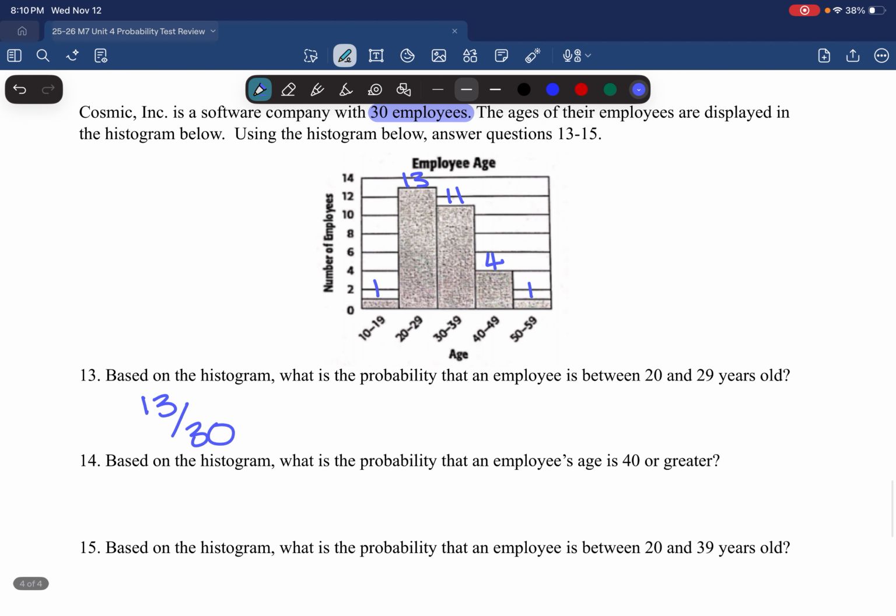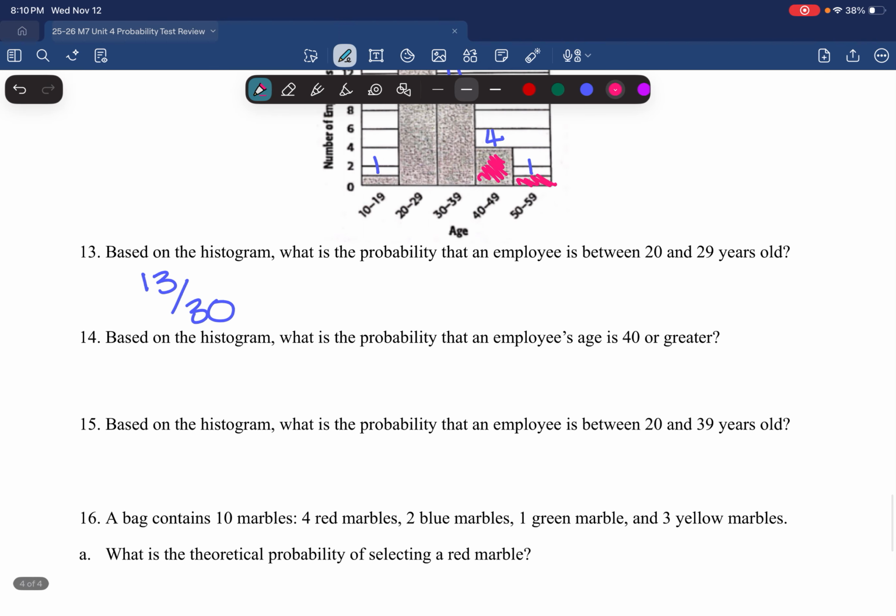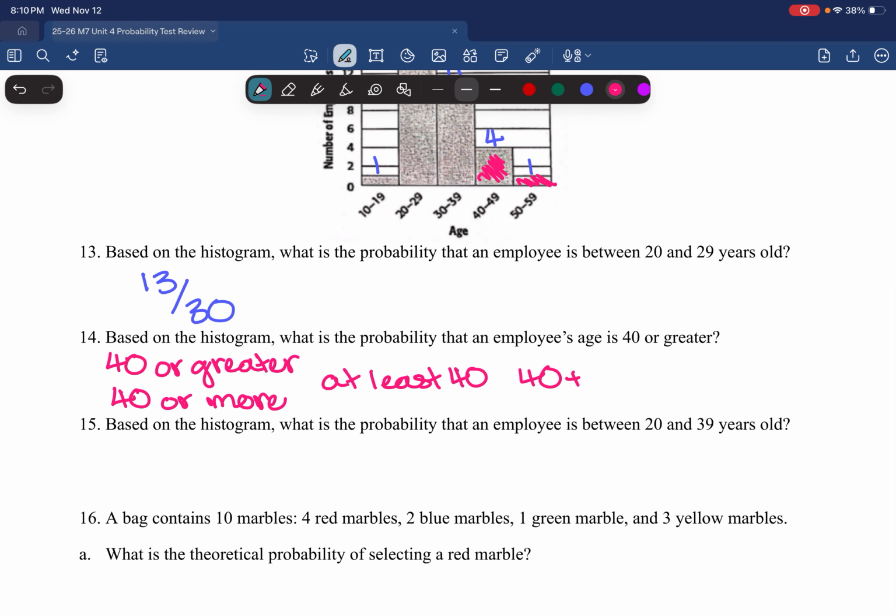All right. So now let's do the next one. What is the probability that an employee's age is 40 or greater? So I need to be 40 or more. So that's going to be this interval here and this interval. Because 40 or greater, 40 or more, or at least 40, these are all saying it needs to be 40 plus, 40 and up.